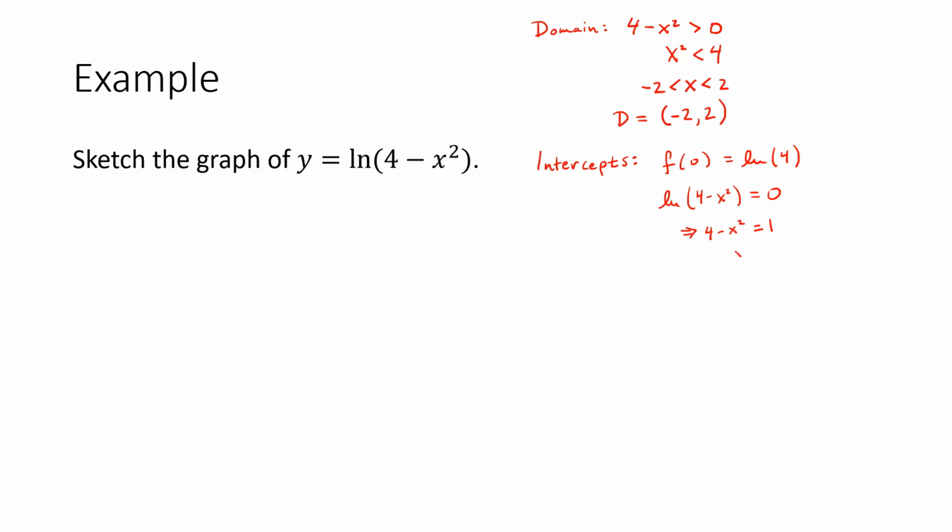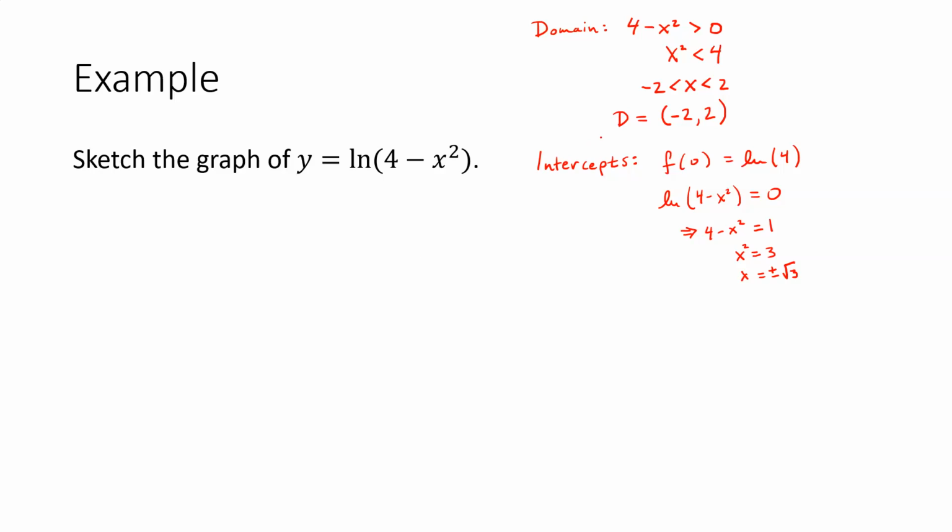And then solving this, we would have x squared equals 3, and so x equals plus or minus the square root of 3. Okay, so those would be our x-intercepts. Ln of 4 would be our y-intercept.